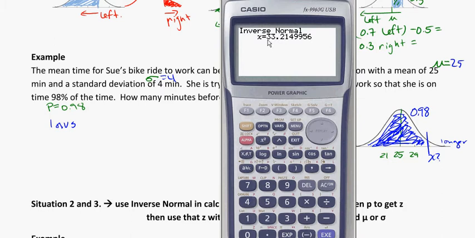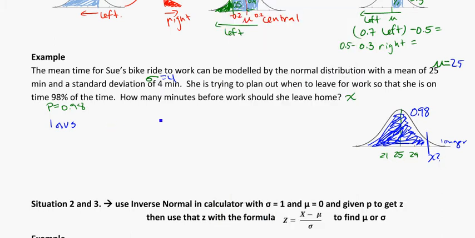And this button here has now calculated x for me, which tells me that this line here is 33.21. So really maybe 33 minutes before work. She'd be alright leaving. Again, she'll get there early sometimes, but 98% of the time she'll be on time.